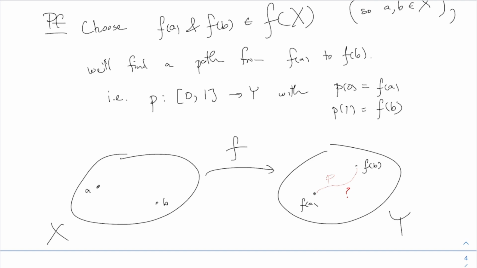I think one of those is useful by looking at the picture. Either using the fact that f is continuous or that X is path connected, you can say something interesting about our setup here.